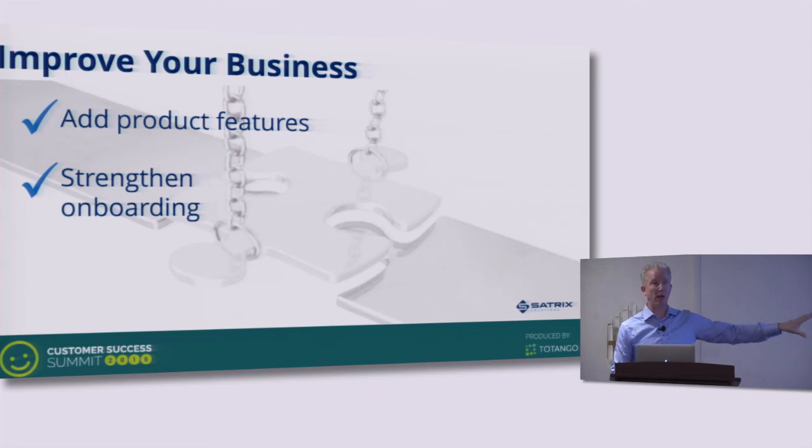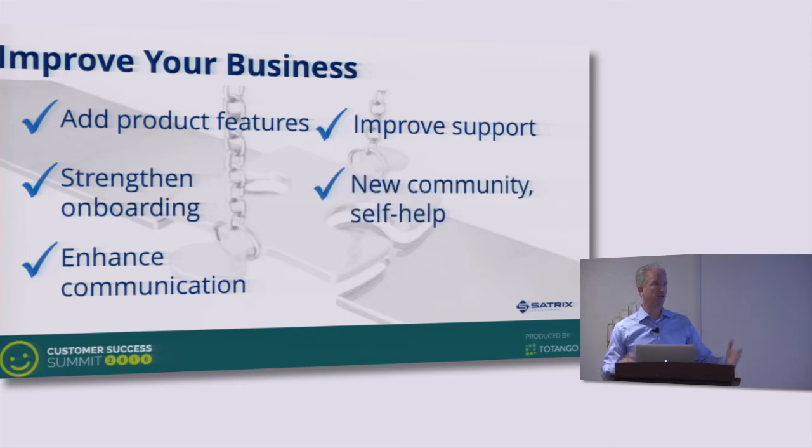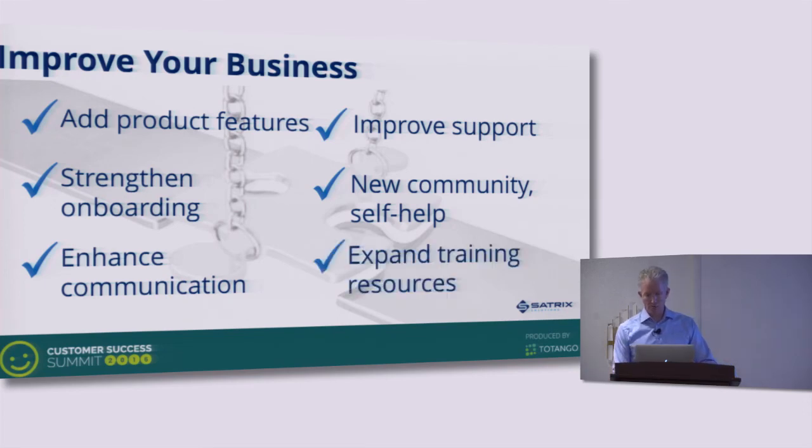So some examples of this, and there are endless examples of how companies take action based on this feedback. But adding a product feature, strengthening the onboarding experience, enhancing communications with your customers, improving the support experience, establishing a community or self-help type offering, expanding training resources.